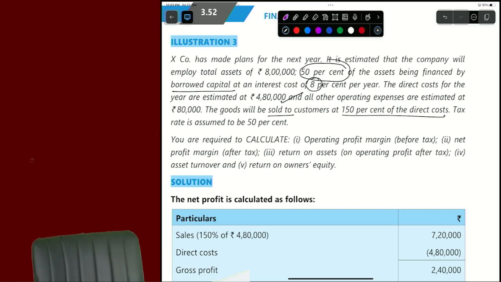Tell me, money belonging to the equity is EAT. Money belonging to debt is interest. Money belonging to both is EBIT. Because EBIT is a source for the payment of debt as well as the equity.